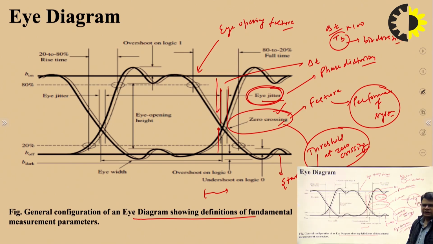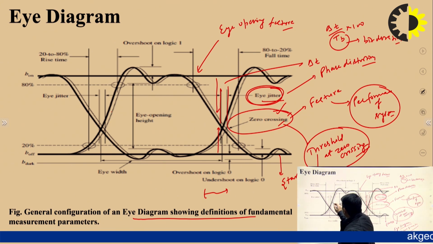In this way we can have various eye pattern features, and that can be used for analyzing the performance of the wired communication system, for example the optical communication system. Another eye pattern feature is, let's say, the width of the eye.